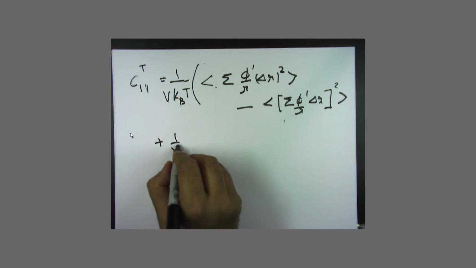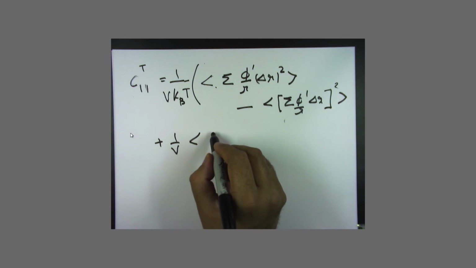Plus now we have to add 1 over V. Now, we look at the second order terms.